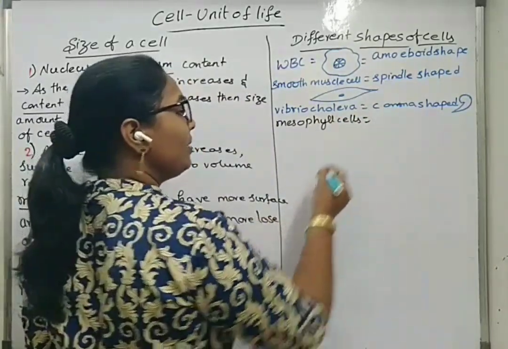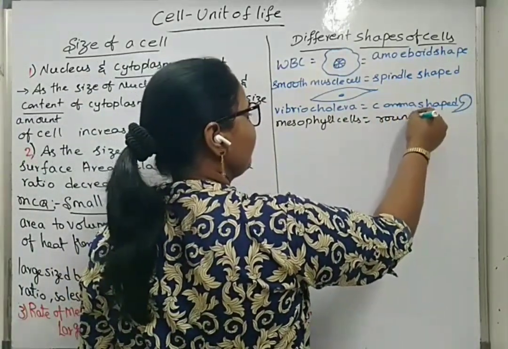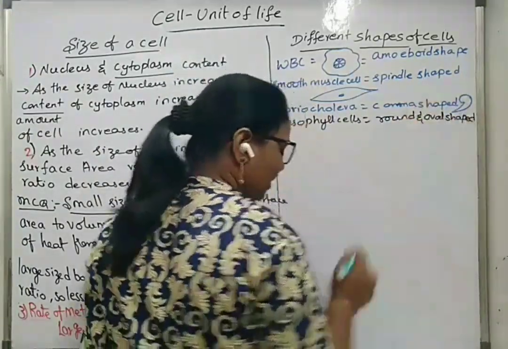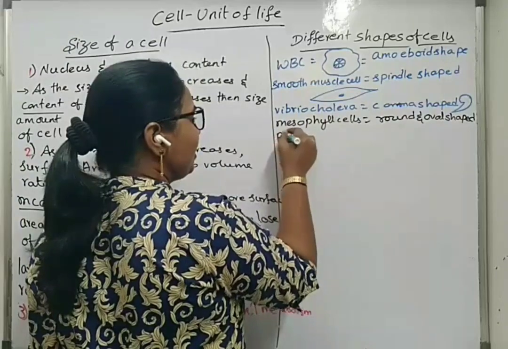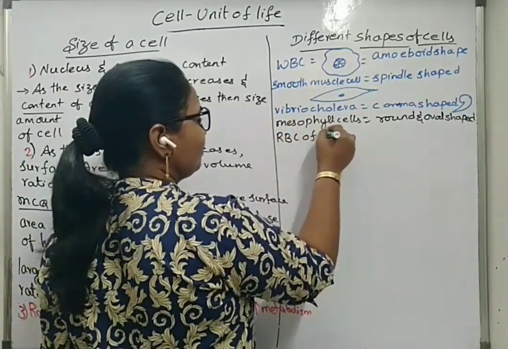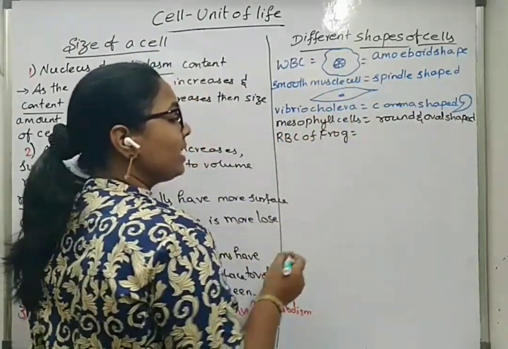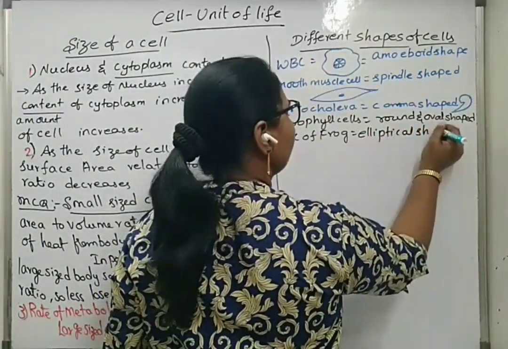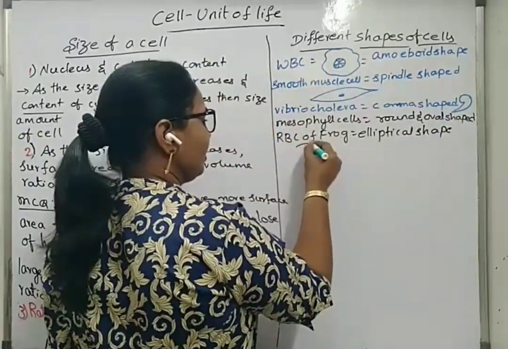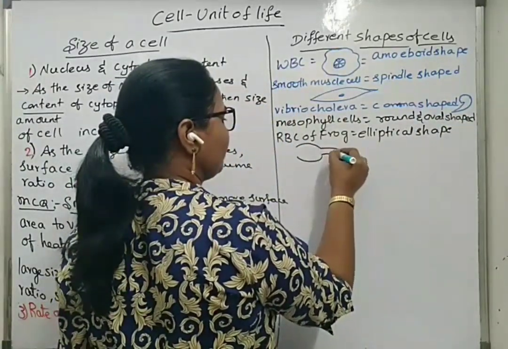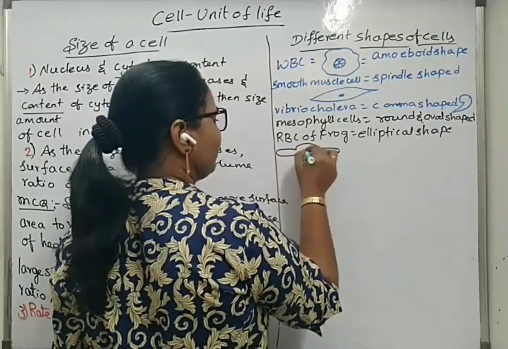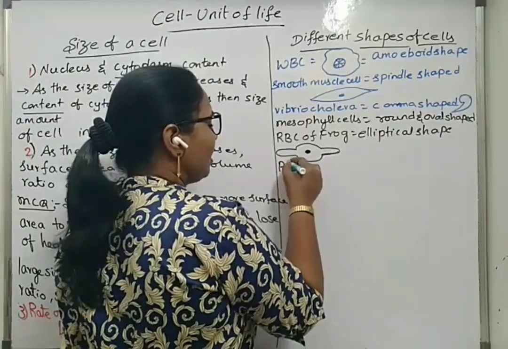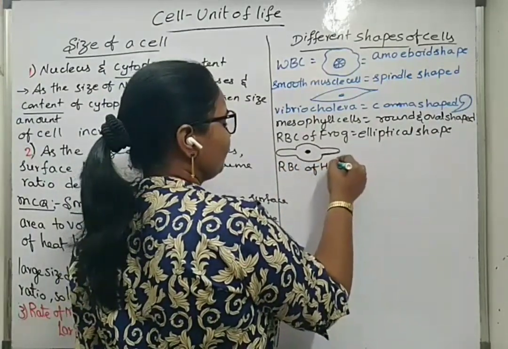These are round and oval shaped. Next, RBC of frog, elliptical shape. It looks like this, with a central nucleus. Now, RBC of human cell.